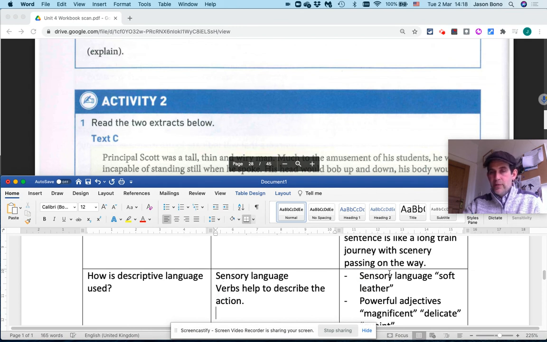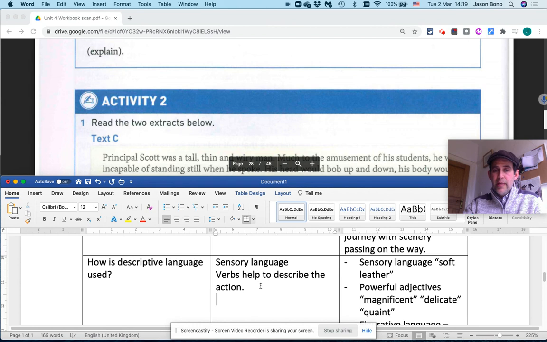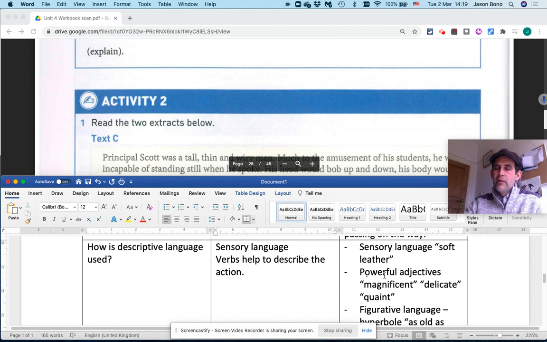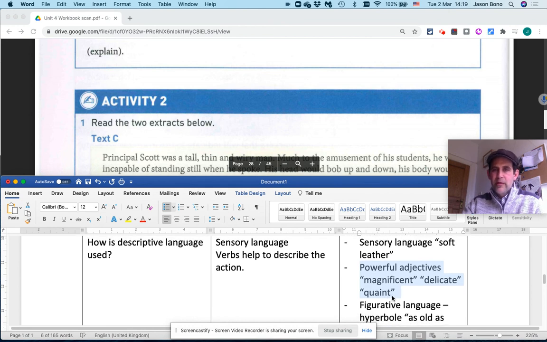While both writers use sensory language, okay, the writer of passage E uses more verbs to describe the action, while the writer of paragraph F emphasizes the use of powerful adjectives. That's because paragraph E is about the action of a car crash and the impact on the person involved, whereas paragraph F is about the scenery and the pleasing effect of that scenery on the speaker.